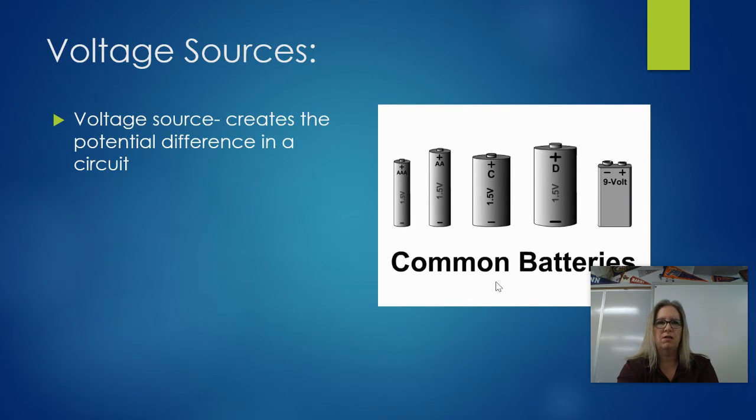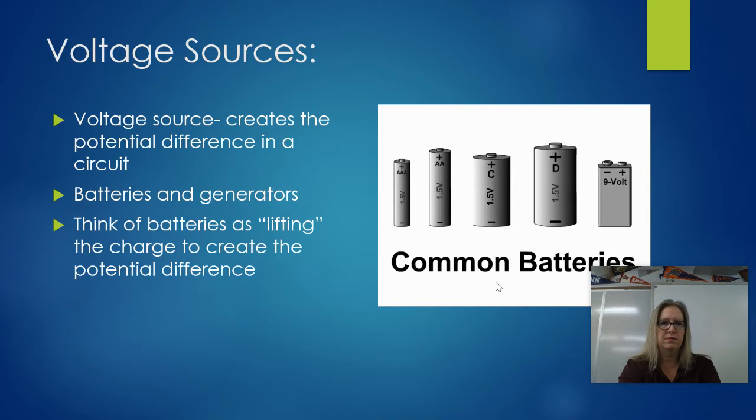What are our voltage sources, all right? Well, the voltage source is what actually creates that potential difference in a circuit, okay? And commonly they're batteries and generators. Most of what we plug things in for uses electricity that's coming from huge power plants, and they use generators. But a lot of our stuff, our cell phones even, use batteries, okay?